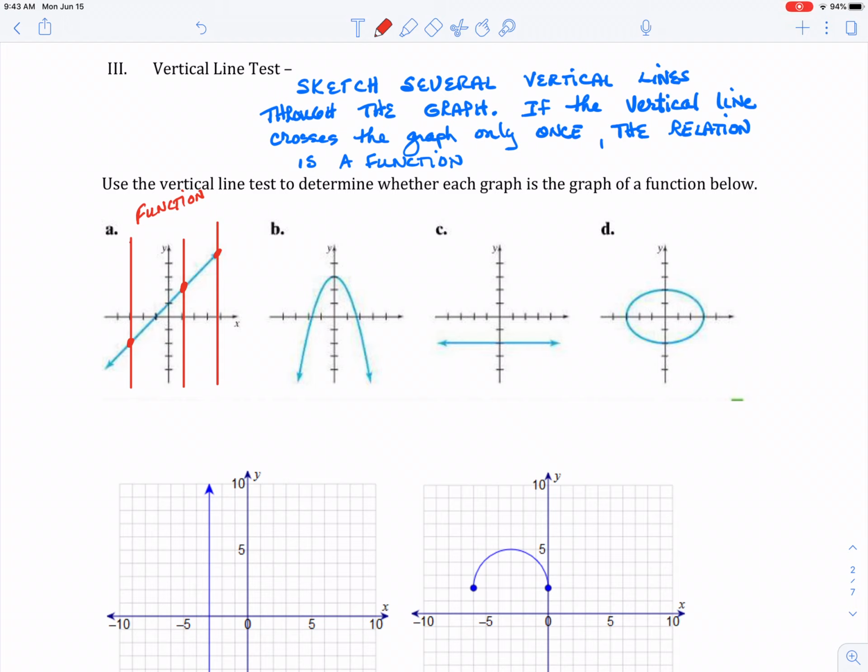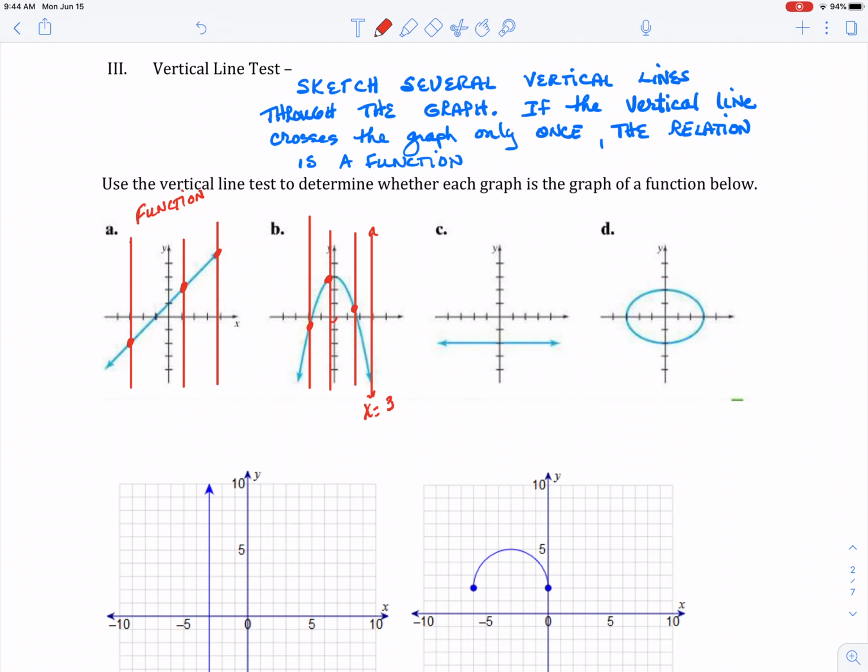This next one is a parabola. So let me put in some vertical lines here. That touches the graph once. This touches once. So this vertical line, which is an x value, let's say that one, if I gave you the equation for that, that would be x equals 3.